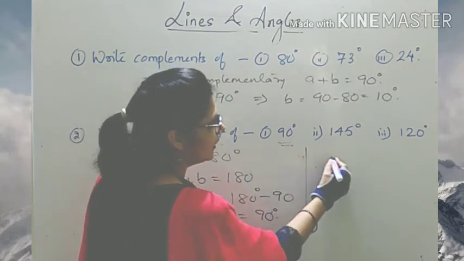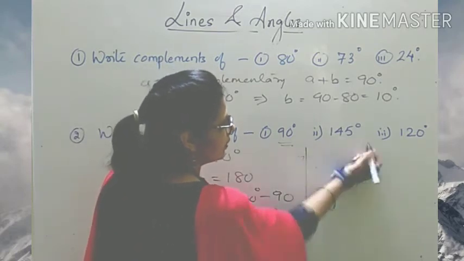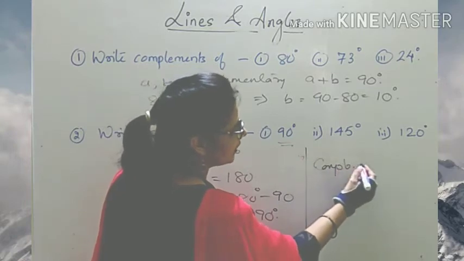है ना? It means the complement of an angle will be, फॉर्मूला क्या बन गया हमारा?